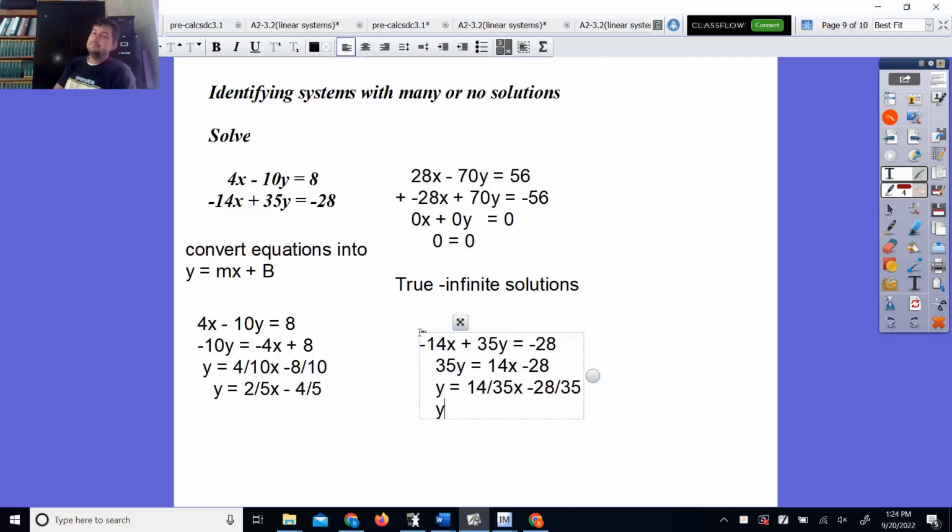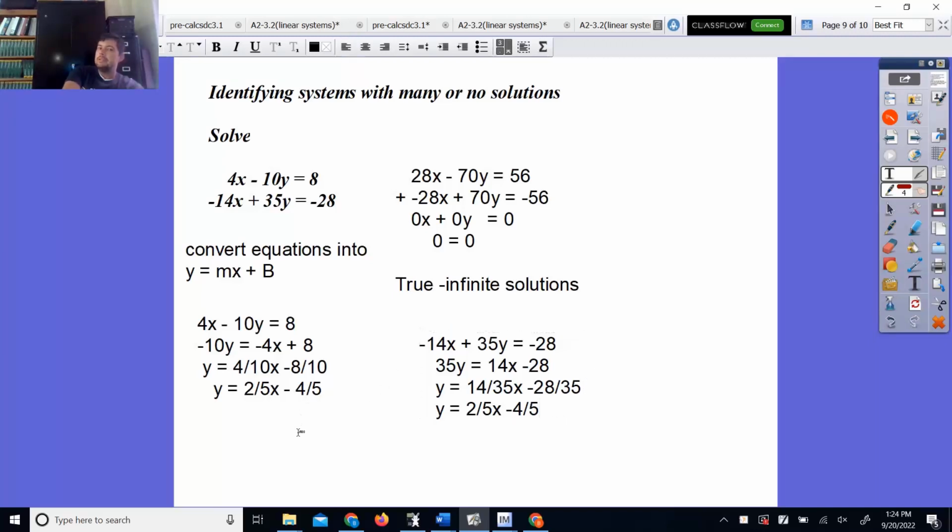Let everybody write down. Erase 14 and 35. What enters both of them? 7. How many times 7 enter 14? 2. How about 35? There's your 2/5 x. What enters 28 and 35? Enters 28 4 times. 35 how many times?